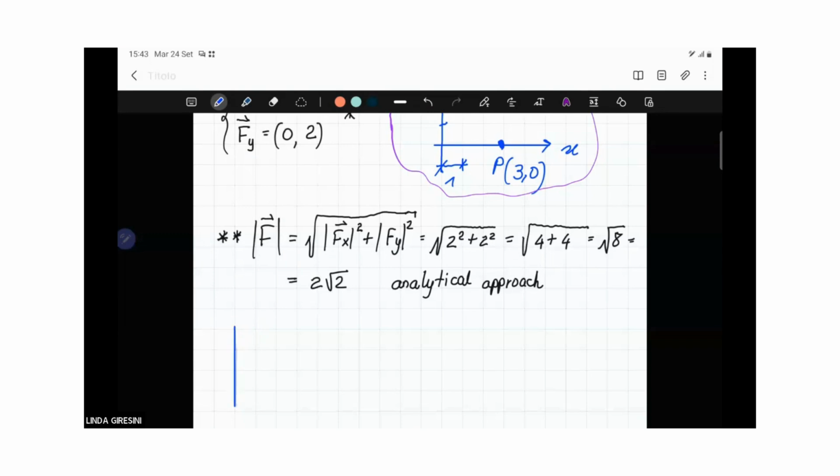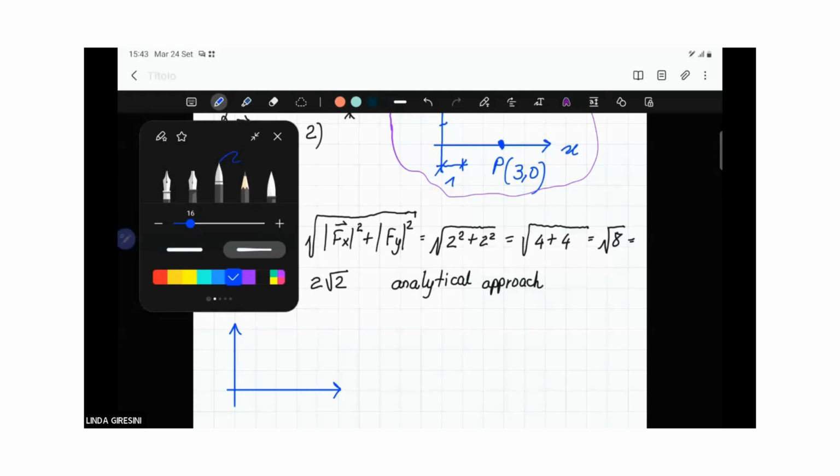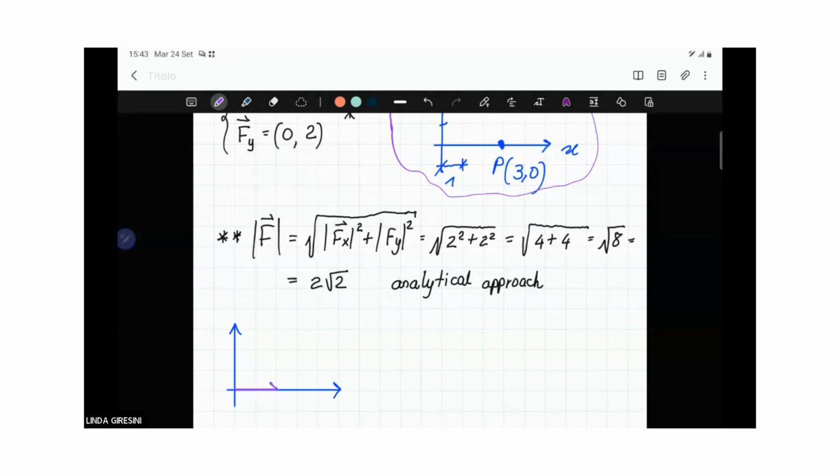So if I take the same case as before, and I have the two components, so I have fx with the arrow, and fy with the arrow again, I can find the resultant vector with a simple geometrical consideration.